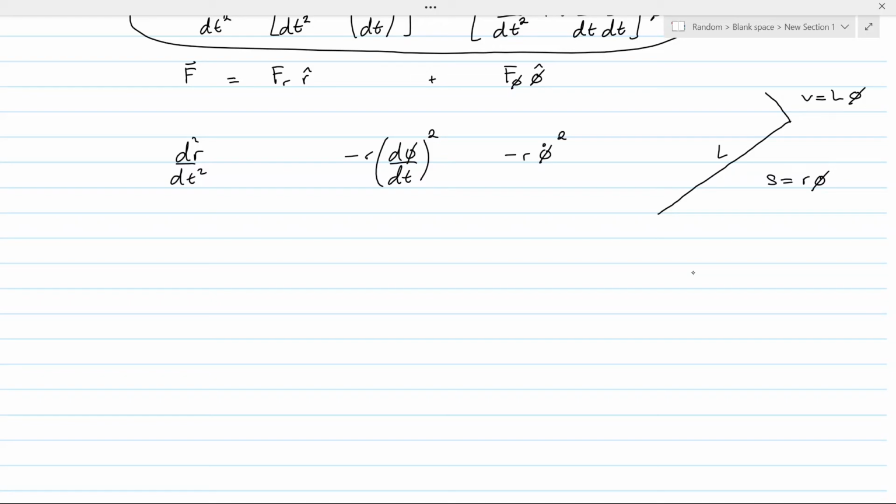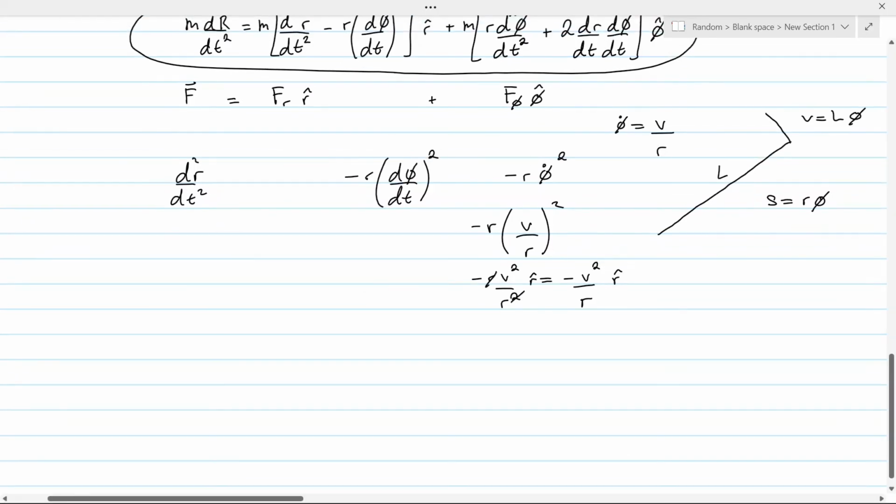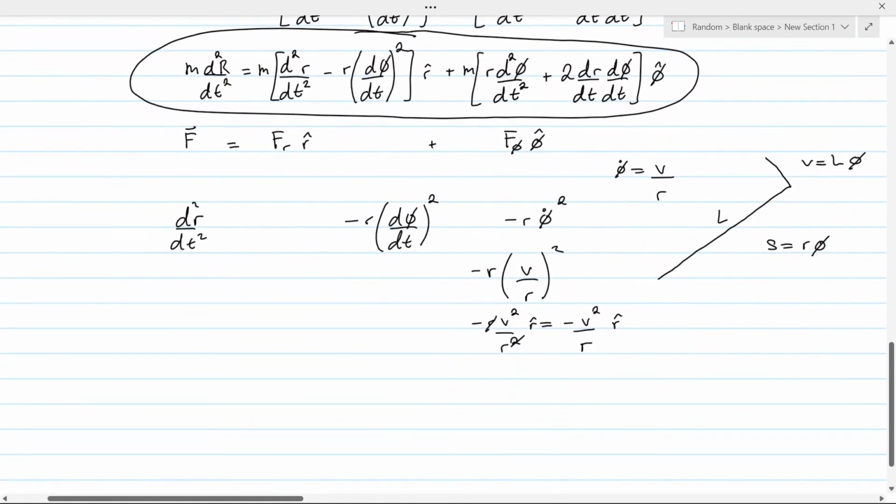So I can rewrite phi dot as v over r. So we have minus r v squared over r squared. One of the r's cancels. And this is, of course, the centripetal acceleration. And of course, multiplied by the mass, you have a centripetal force.